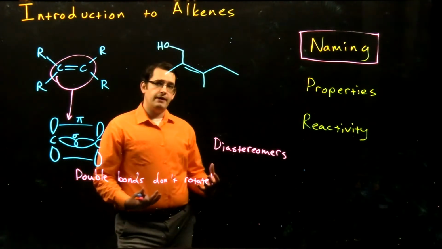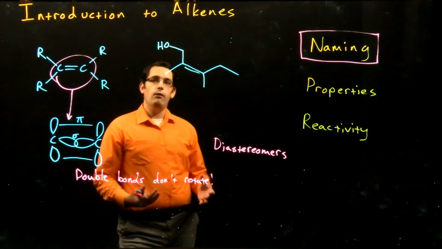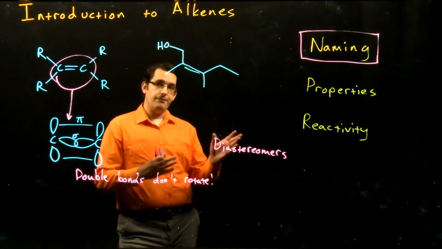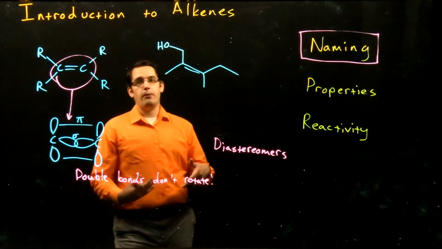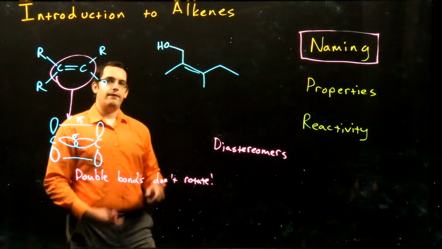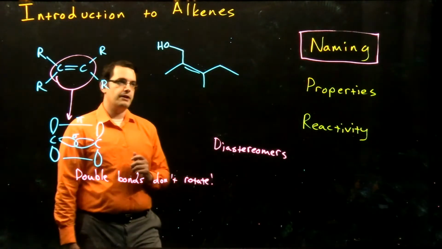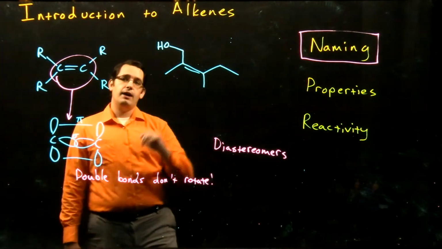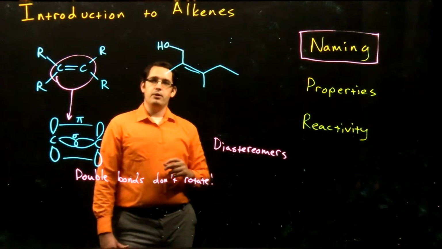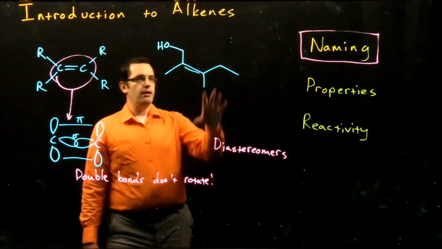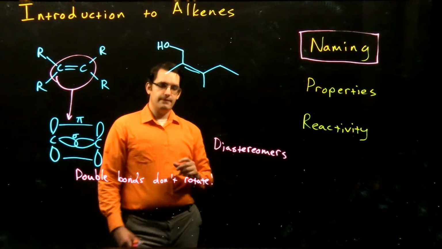Now for our previous examples, it was fairly easy to tell whether our bonds are pointing in different directions to make a trans or E diastereomer, or whether they're pointing in the same direction to get that cis or Z diastereomer. However, if we have more complicated alkenes, such as the structure shown here, it becomes slightly more difficult to determine whether it's cis or trans.